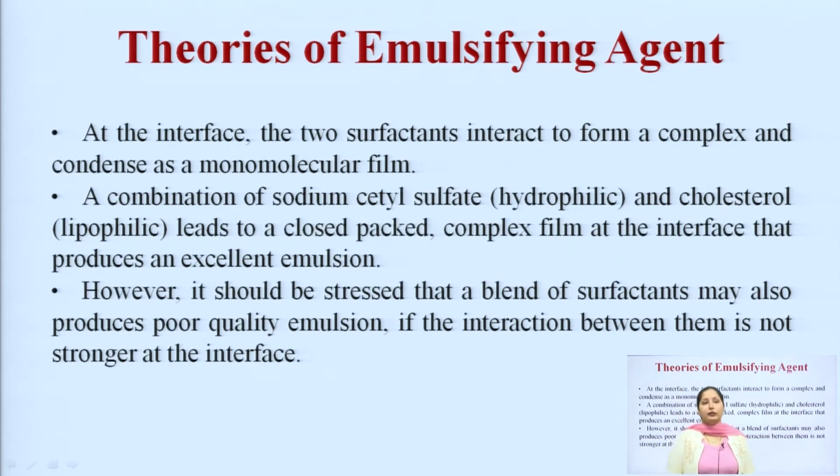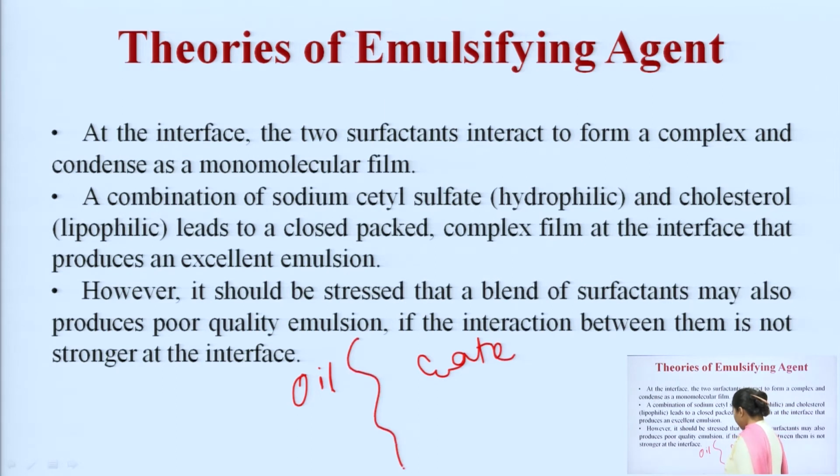At the interface, the two surfactants interact to form a complex and condense as a monomolecular film. So, suppose this is the oil phase, this is your water, and in between there is the interface.